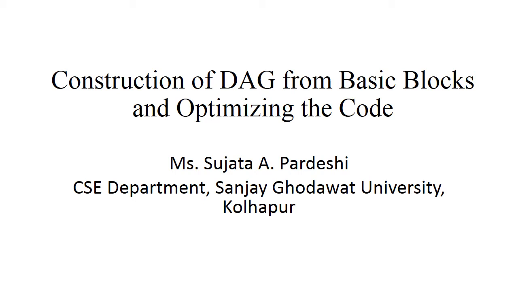Now all of you know that there are different optimizing techniques present: local optimization techniques and global optimization techniques. With respect to this lecture, we are going to apply the local optimization techniques. The local optimizing techniques are elimination of local common expressions, dead code elimination, constant folding, arithmetic identities, and the ordering of the code.